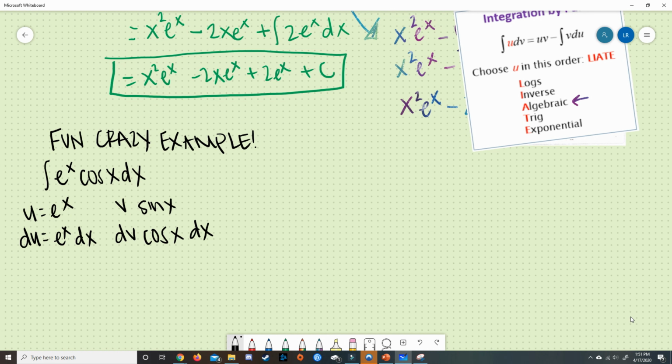Now, like I said, this is going to be insane. So this is going to equal u times v minus the integral of v du. Well, we didn't get very far, did we?